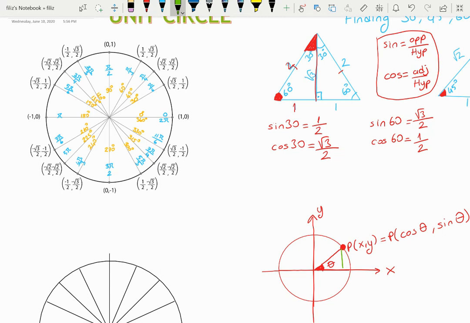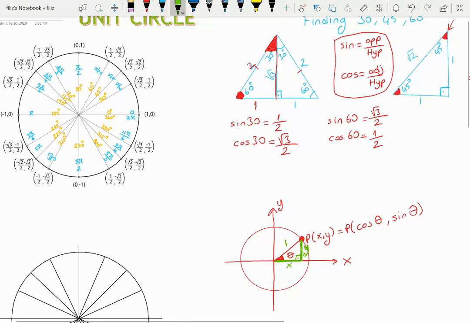So I'm trying to make a right triangle. So this right triangle has three sides. Let's say this side is the x value and this side is the y value. And this side is 1 because since it is a unit circle, all of them have a radius of 1.